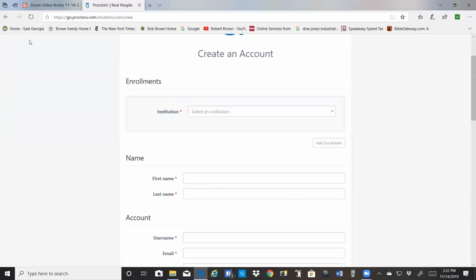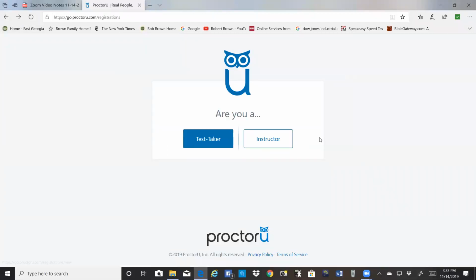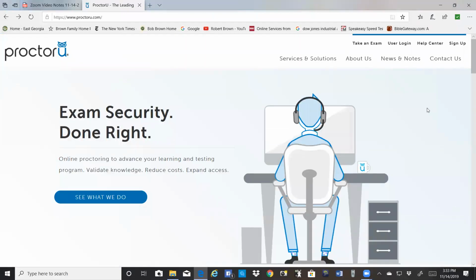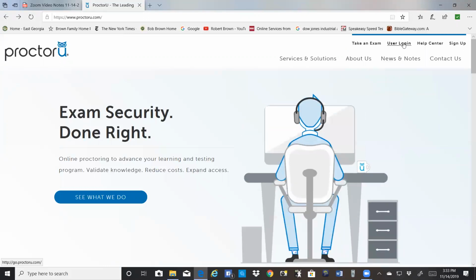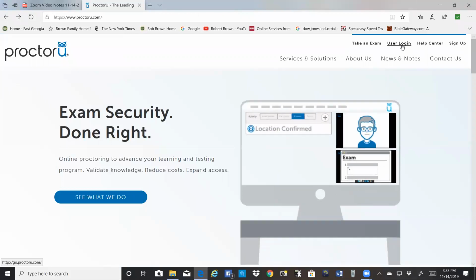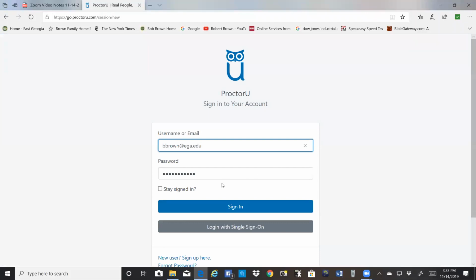Then after you do that, you will then go in and sign up for the test. So you go into your user login, and I can't do that because I'm a student. I mean, I'm an instructor. But here is what I would do.